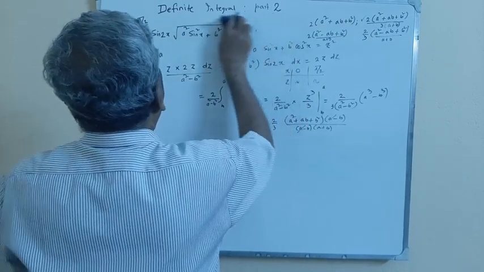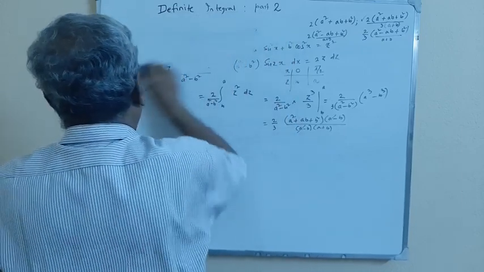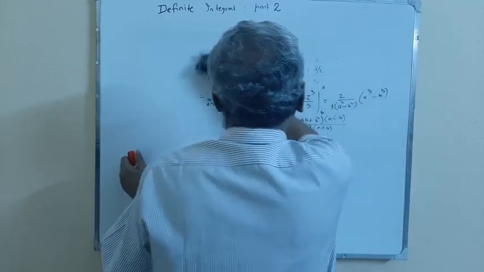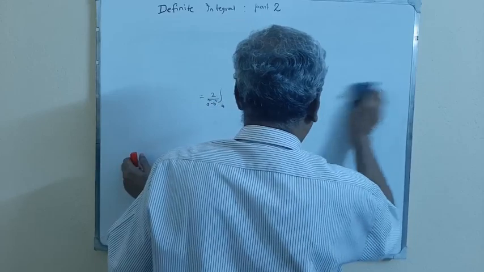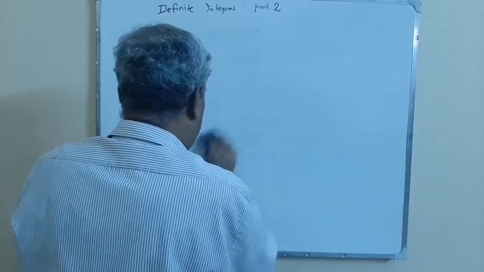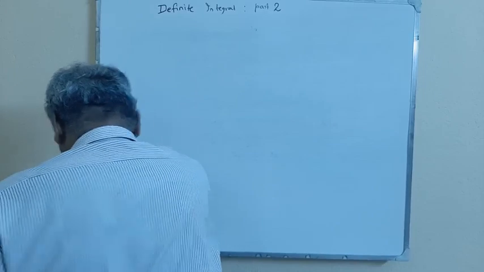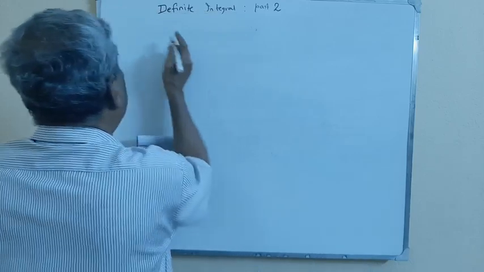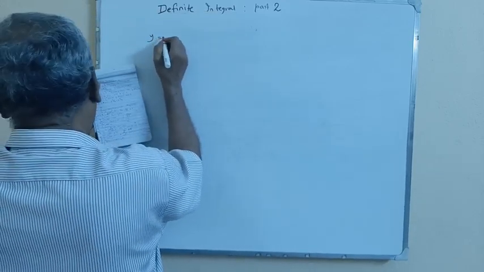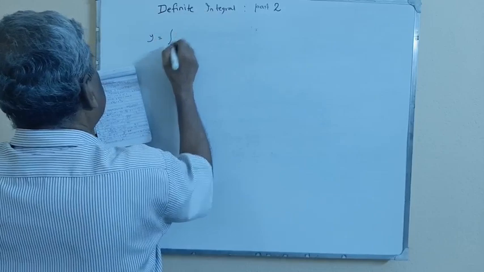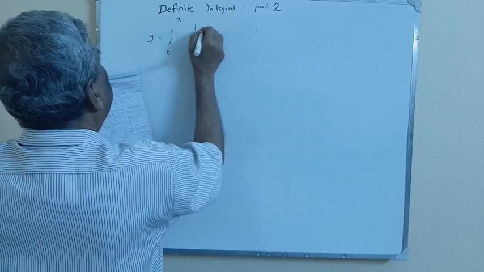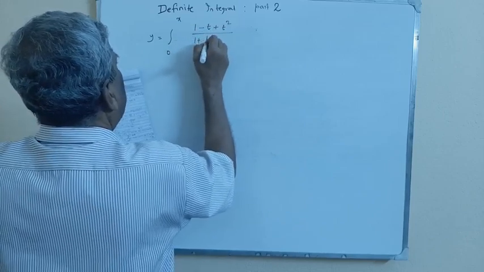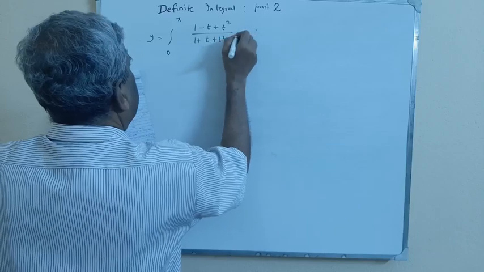Next problem. So the next problem is: if y is equal to the integral from 0 to x of 1 minus t plus t square divided by 1 plus t square dt.